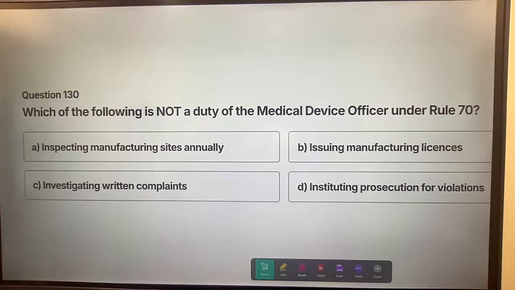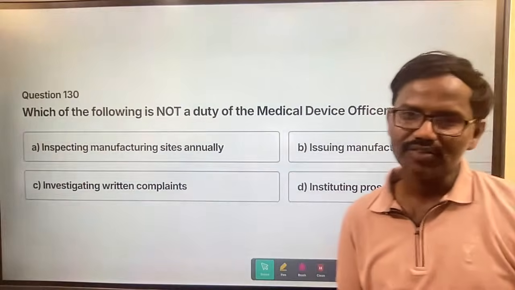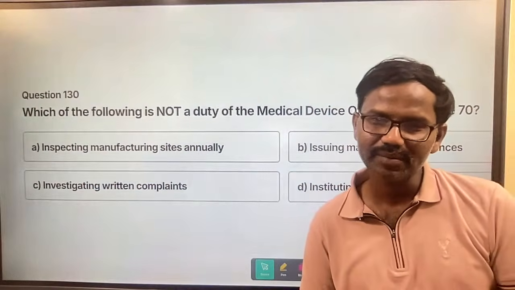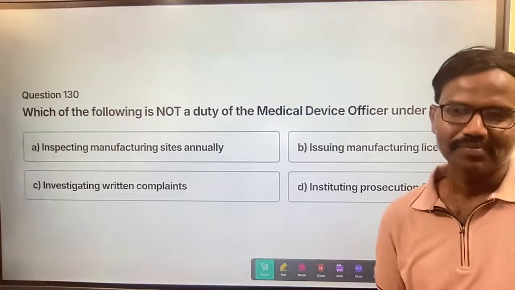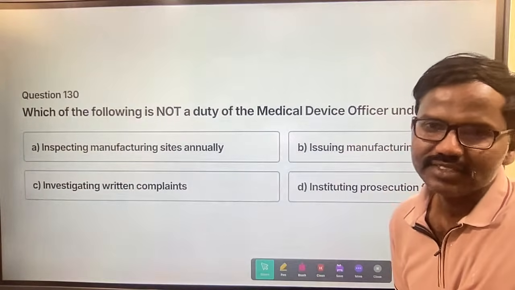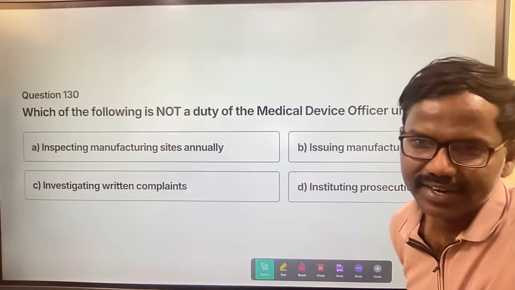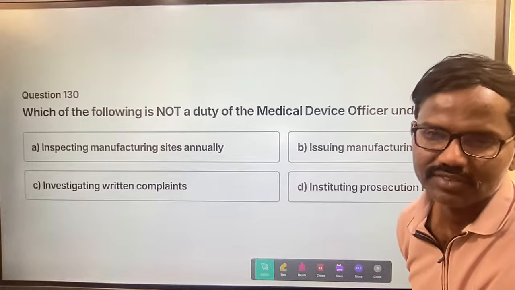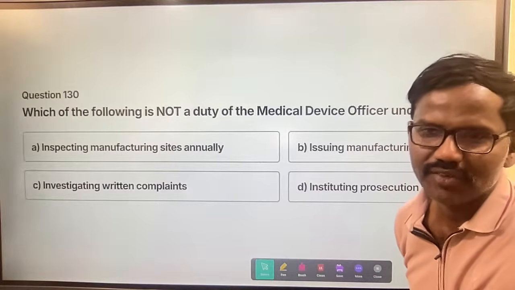What are your powers? All of you respond, please. Those who want to become drug inspector. Please post your answers. Anushree, Pavani, Narsimha Reddy also not posted. And Rahul, where have we gone?